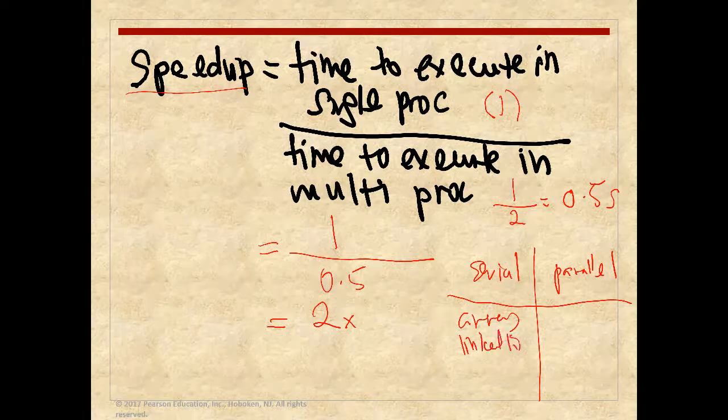So if you have serial code in your program, you cannot use parallelism. You cannot employ multi-threading or parallelism for running that code. Because of that, having serial code in an application or program will slow down the performance.